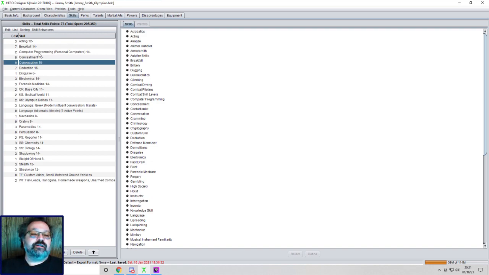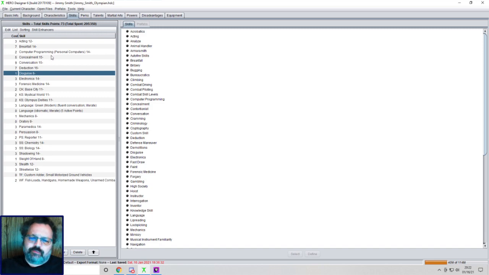So in this case, for his conversation skill, he has a 15 or less. You throw 3d6, and you're trying to get 15 or under. I added some things like that to the character, as well as changing some from familiarities, like disguise here. 1 point gets you a familiarity with the skill, which gives you an 8 or less roll. You're familiar with it, but you're not good at it. So that sort of thing.